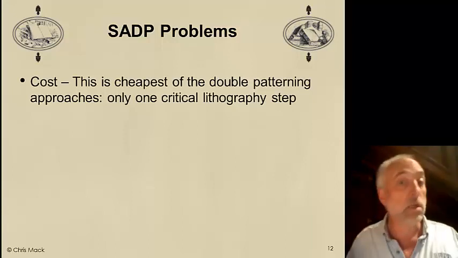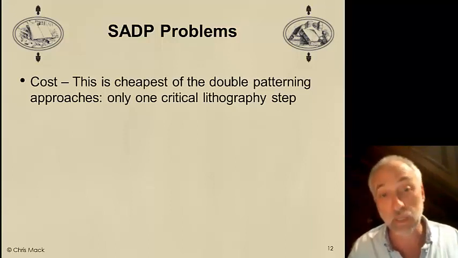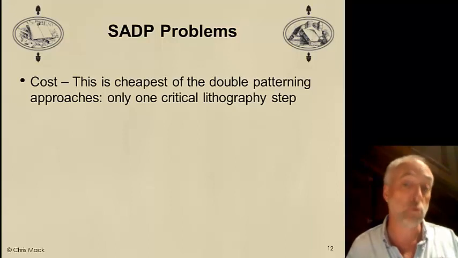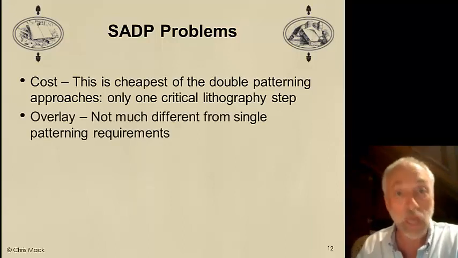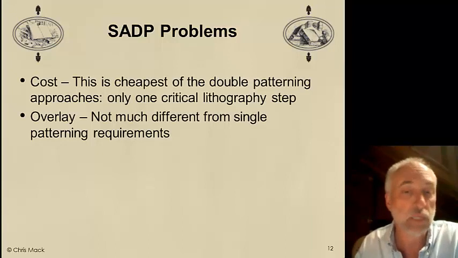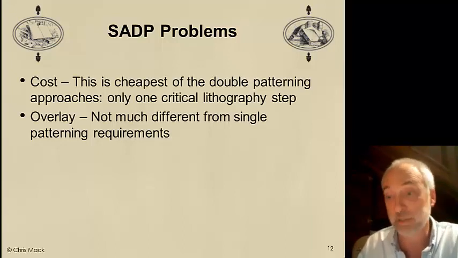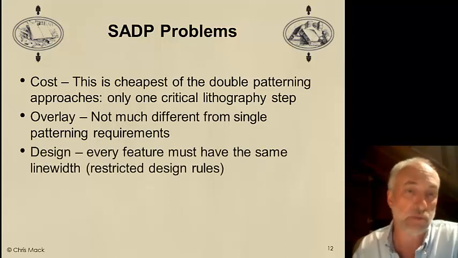But there's only one, and so this process is cheaper than a litho-etch, where I have 2 critical lithography steps. For overlay, the requirements are not much different from single patterning, because I'm not trying to intersperse 2 individual lithography steps. So I don't have those problems.